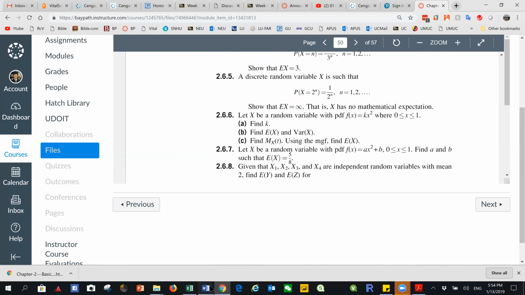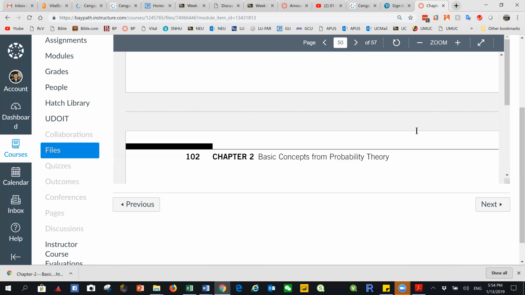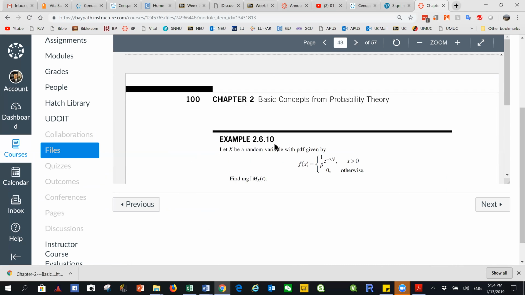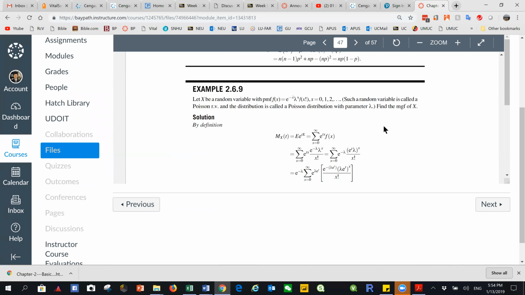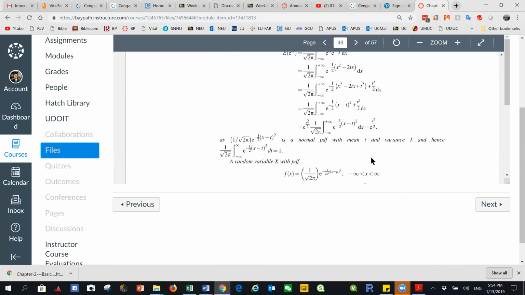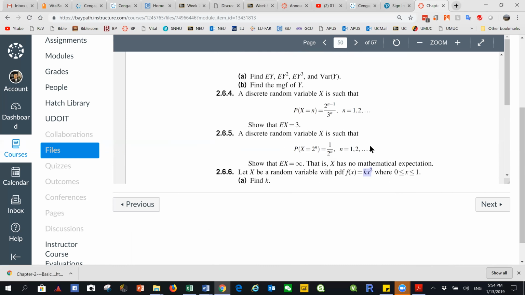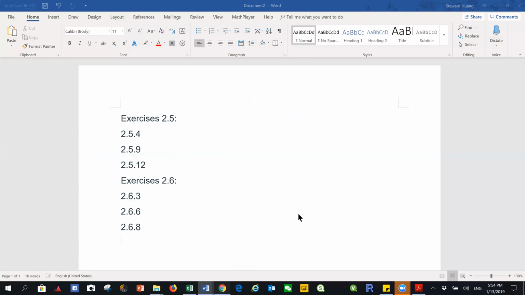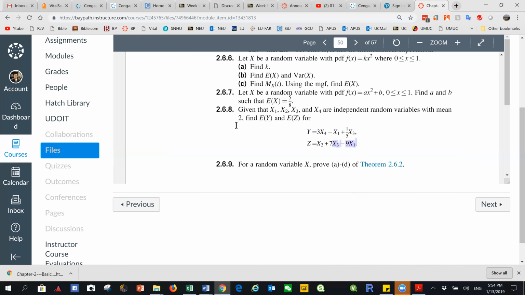So, and let me see, 6 is kx squared. You can refer to example 2.6.10. And then 2.6.8 is okay.